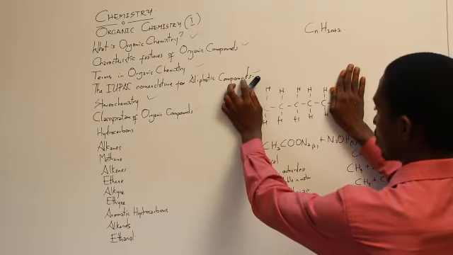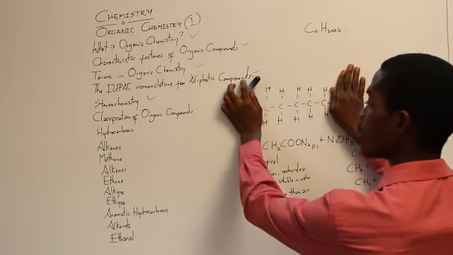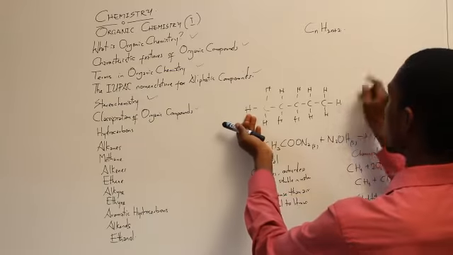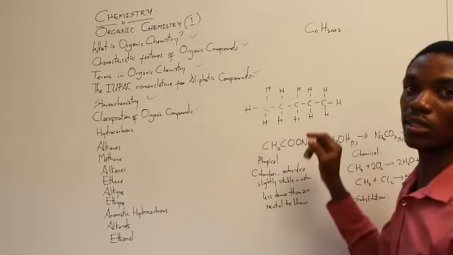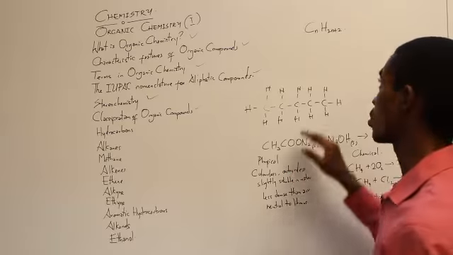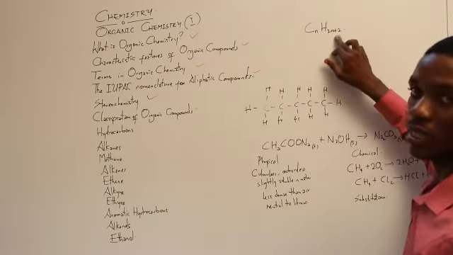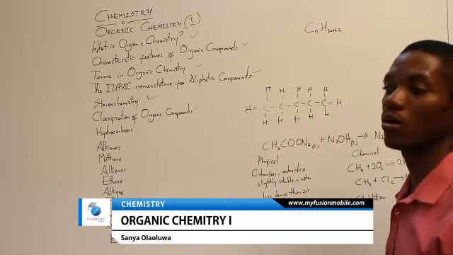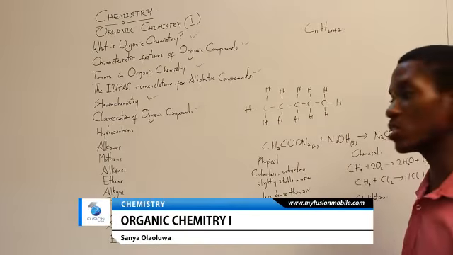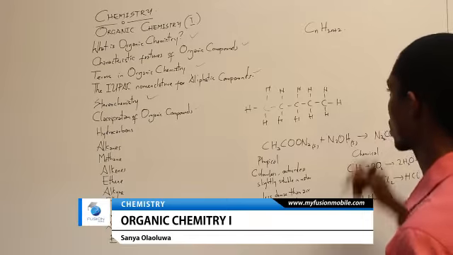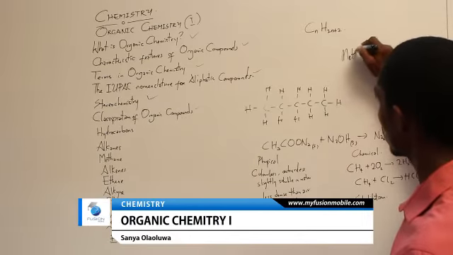So that tells us how many H, and we still have this extra one at each of the ends. So that's why we have CnH2n+2. So our first member of the family is methane. That's methane.